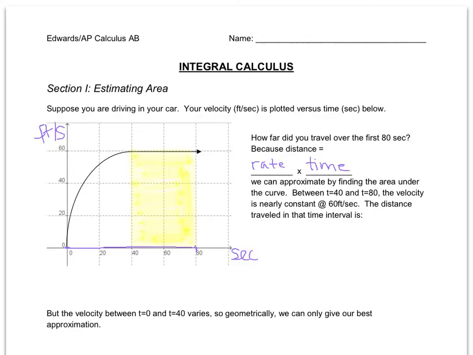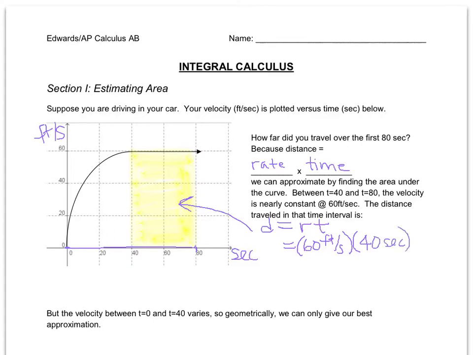And the distance traveled within that time interval right here, distance equals rate times time. The distance traveled would be our rate of 60 feet per second, and our time from just the 40 until the 80 is going to be 40 seconds.